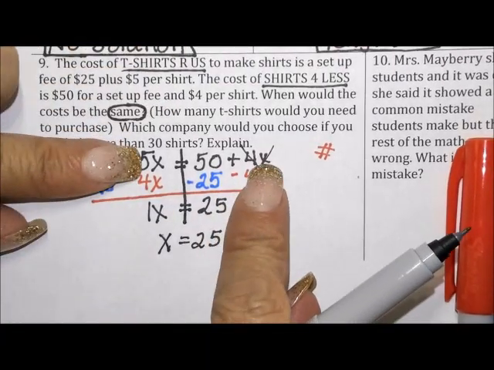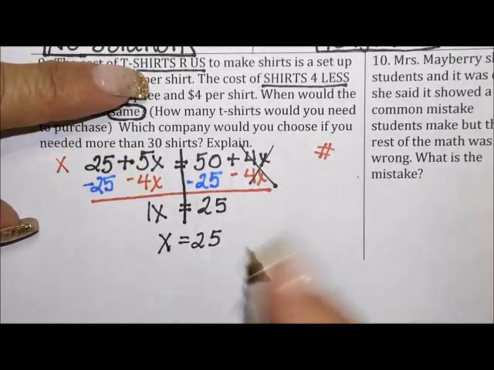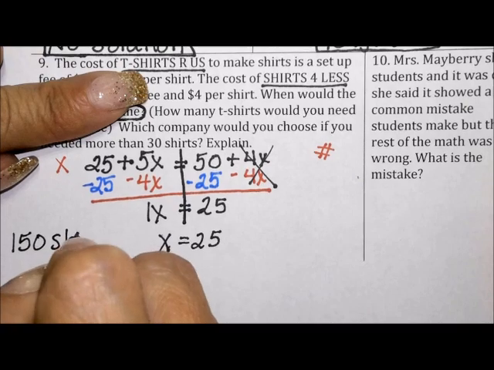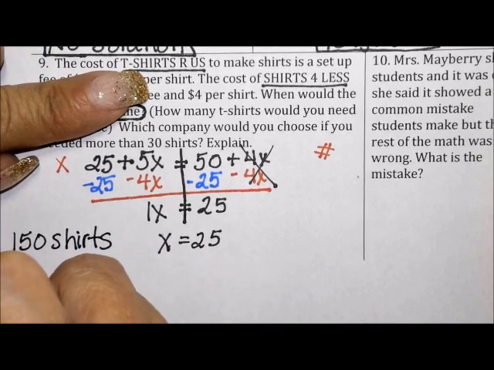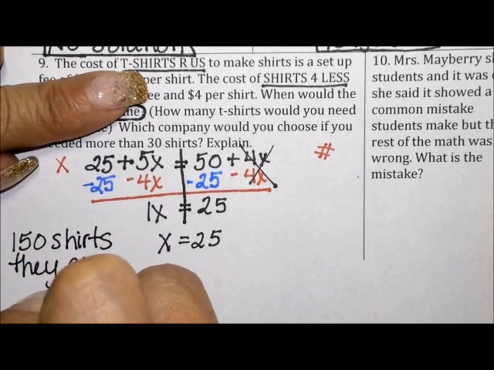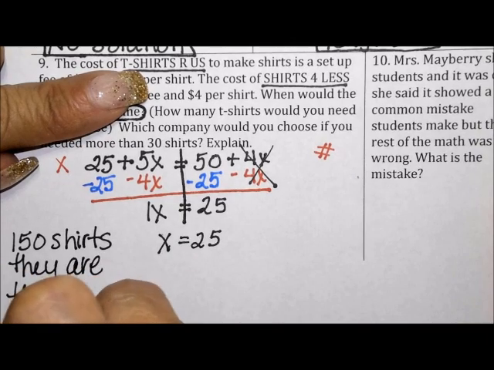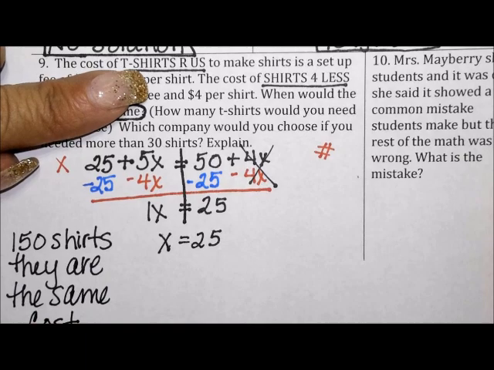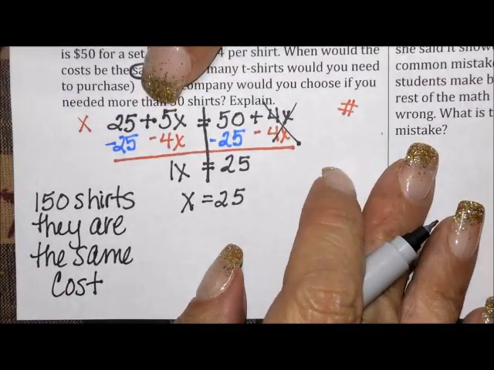So at 150 shirts, right? When x is 150. So that means at 150 shirts, they are equal. Or they are the same cost. Okay? At 150 shirts, they're the same cost.